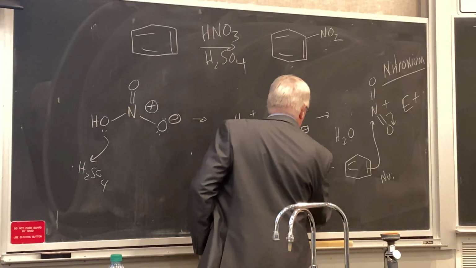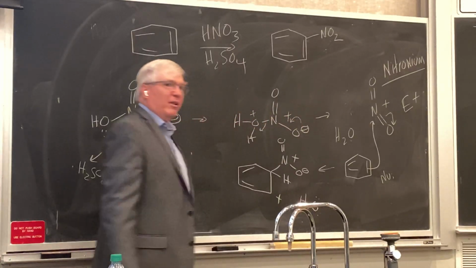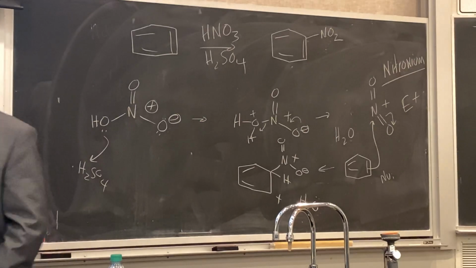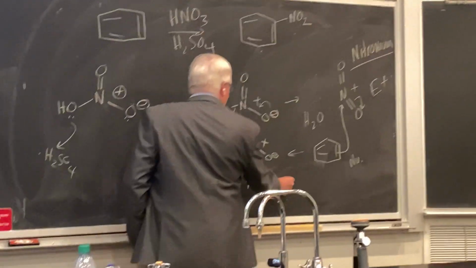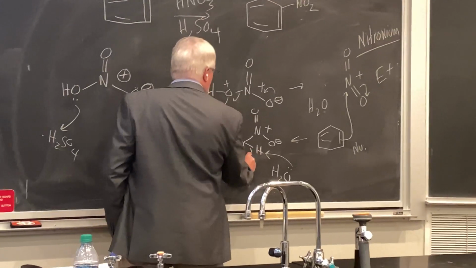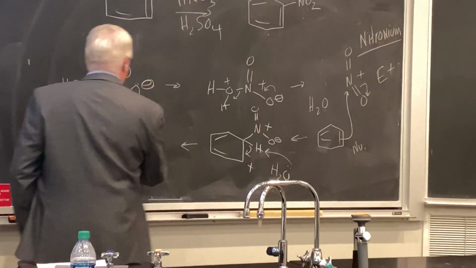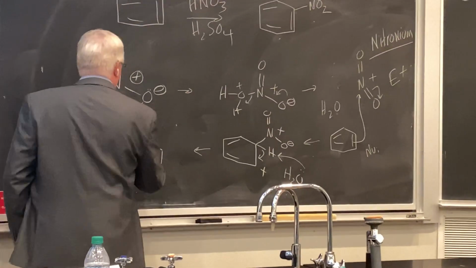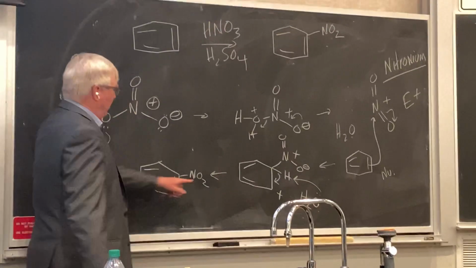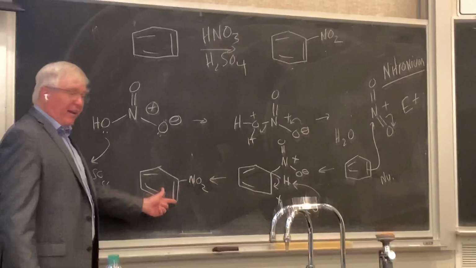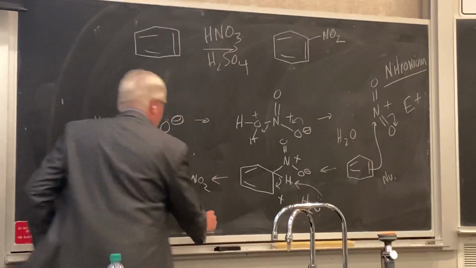Actually, water is better. Because water, once it's protonated, forms hydronium ion. That pKa is about -2, right? It's about the same there. So let's go ahead and grab the proton there, free up the electrons, and see what we get. Oh, we get the product. Yay. We got the nitro group, and I'm just abbreviating it now. We get back the pi bond here, and what's our byproduct from this?